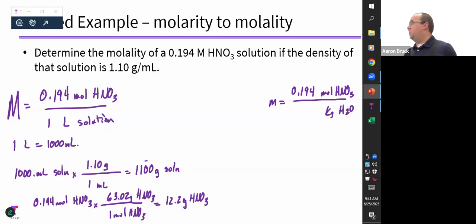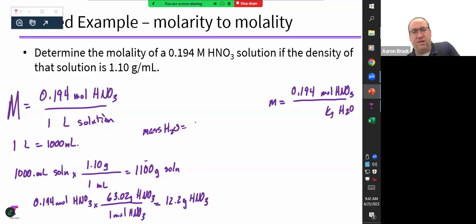So in our solution was 1,100 grams. 12.2 of those grams belong to nitric acid, which means that the remainder must belong to water, since those are the only two things in the solution. So my mass of water is going to be 1,100 minus 12.2.